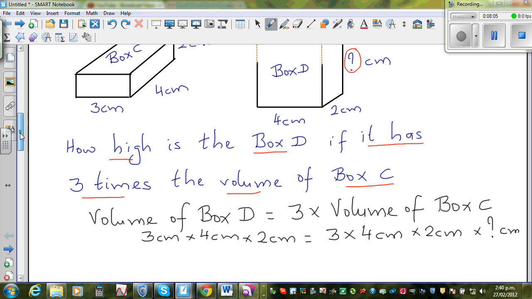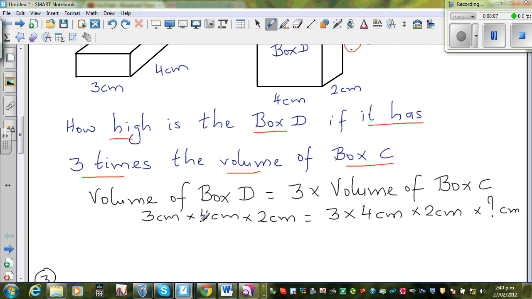Okay, so this is how much? 4 times 3 is 12. 12 times 2 is 24 centimeter cube. Is equal to, this is 3 times 4 is 12, 12 times 2 is 24. Am I right?